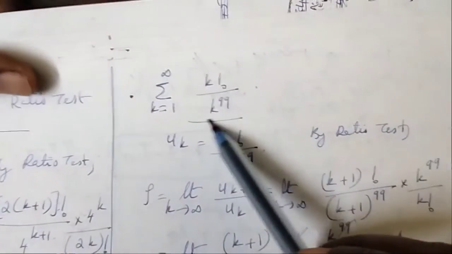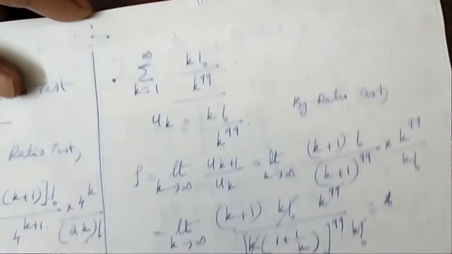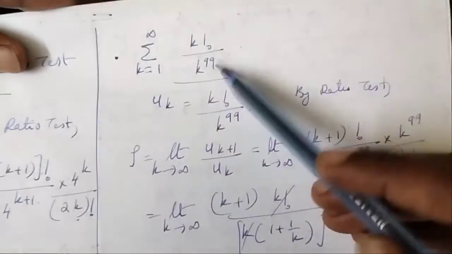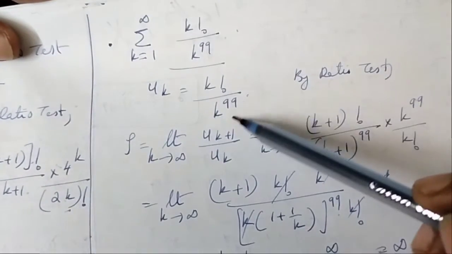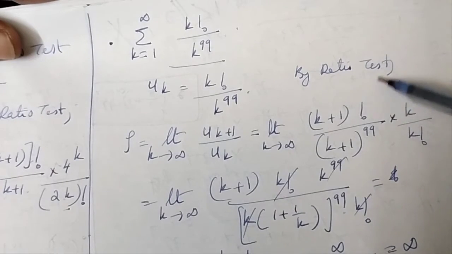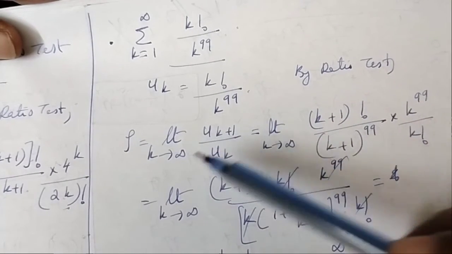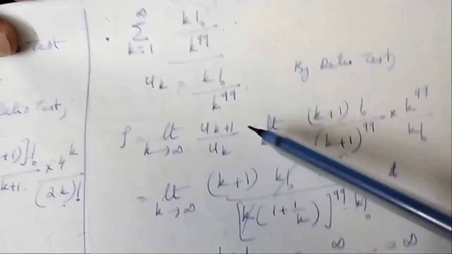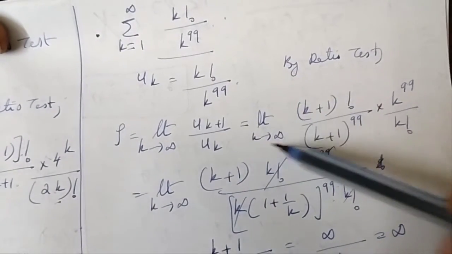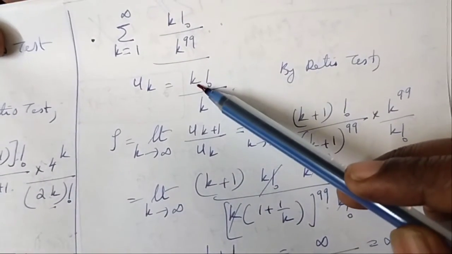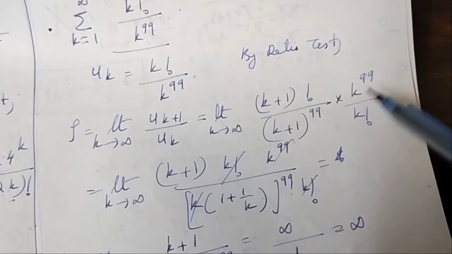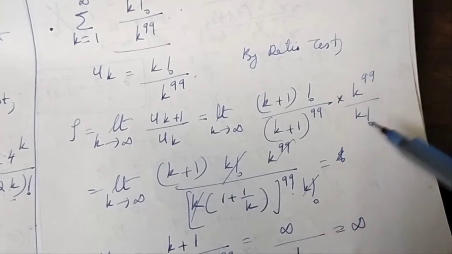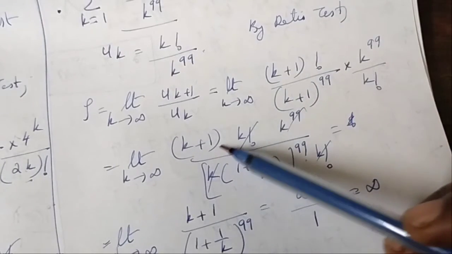Next one, sigma k from 1 to infinity, k! by k raised to 99. So uk is k! by k raised to 99. By the ratio test, rho is limit k tends to infinity uk plus 1 by uk. uk plus 1 is (k+1)! by (k+1) the whole raised to 99, into k raised to 99 by k!. Again (k+1)! is (k+1) into k!.